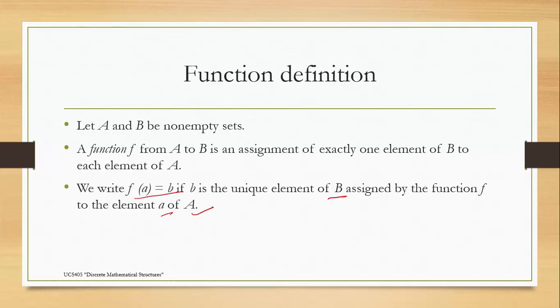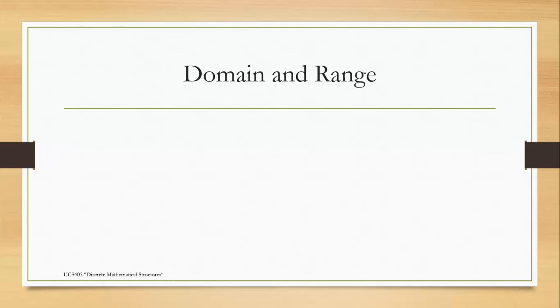Here small letters denote the elements of the set and capital letters denote the set itself. So if we say we have a function f from set A to set B, then we can write it like this, that f is a function from set A to set B. Now domain and range of the function.